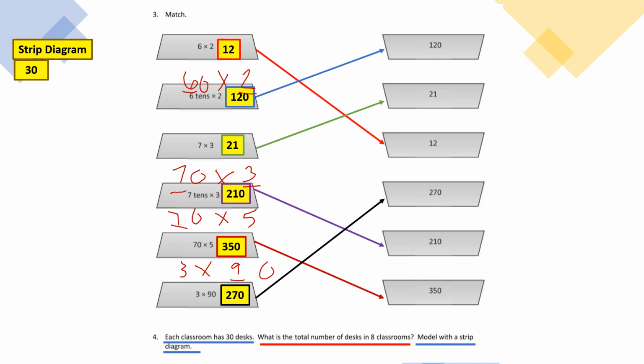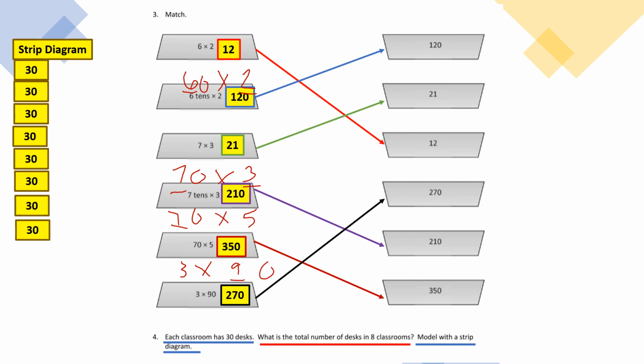So that's 30 desks in one classroom, 30 desks in two classrooms, 30 desks in three classrooms, 30 desks in four classrooms, 30 desks in five classrooms, 30 desks in six classrooms, 30 desks in seven classrooms, 30 desks in eight classrooms.